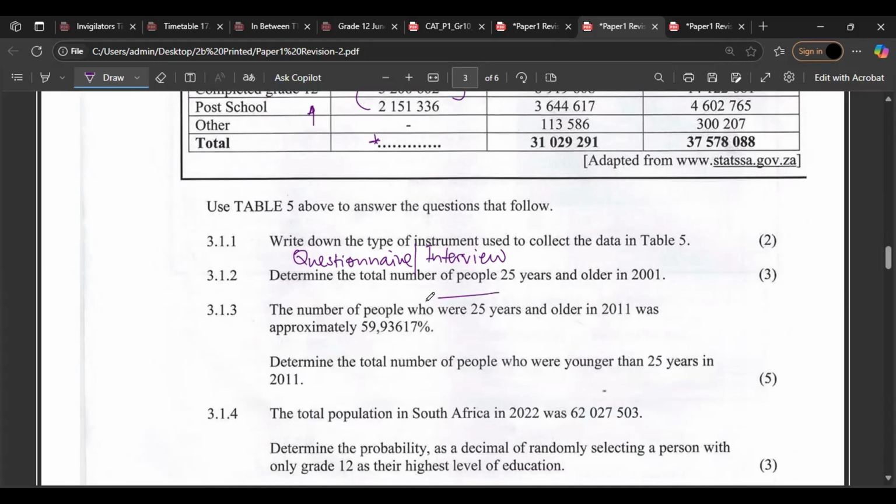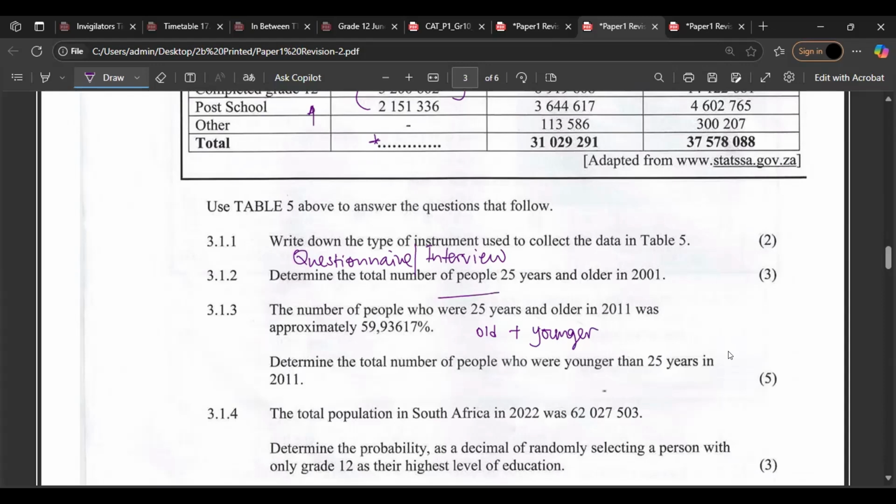They're telling us the number of people who were 25 years and older in 2011 was approximately 59.93617%. Determine the total number of people who were younger than 25 years. Now, this has to come in your head. Remember, we have older and younger.